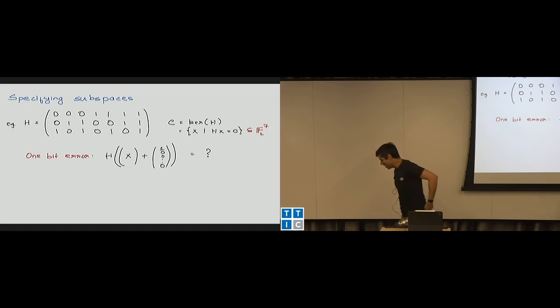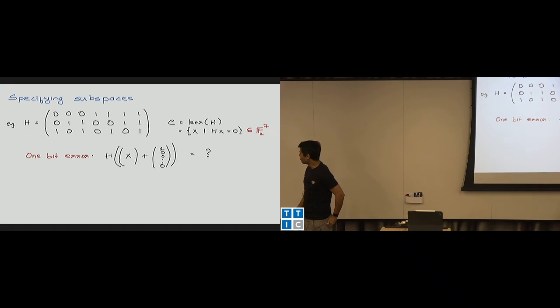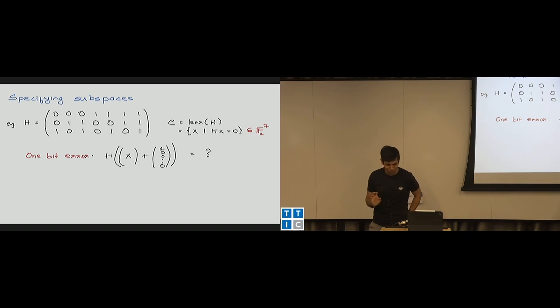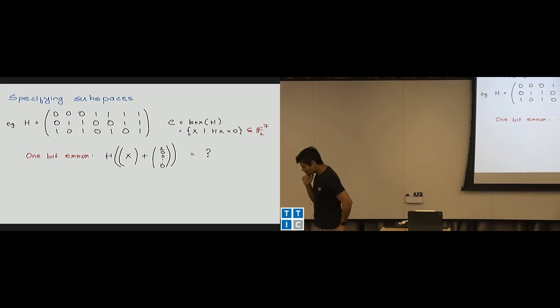This is something which I usually give as an exercise, so maybe everybody has seen it in some class at least. But let's look at an example of a code. This is an explicit matrix. I wrote down some matrix, and we are going to think of it as over the field F2, so these zeros and ones are field elements.